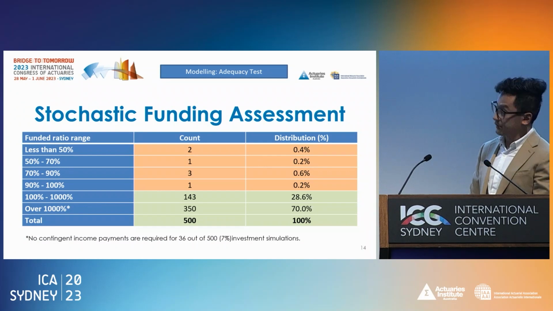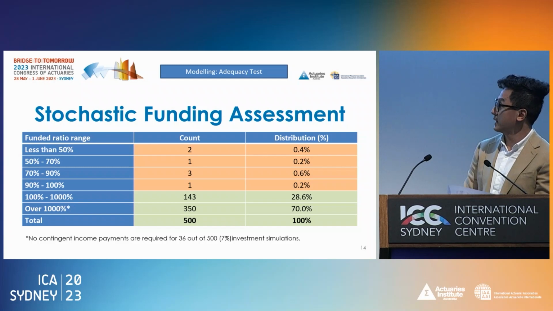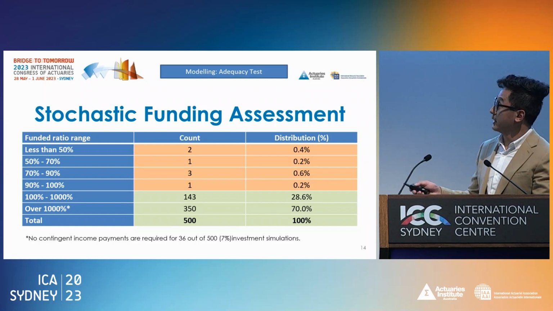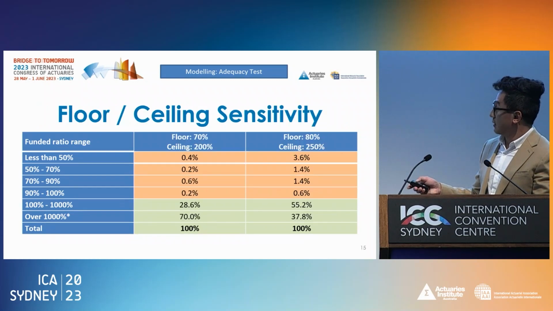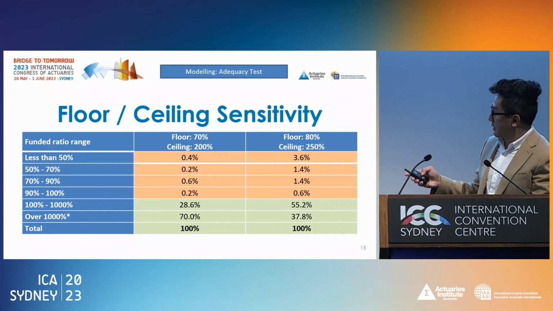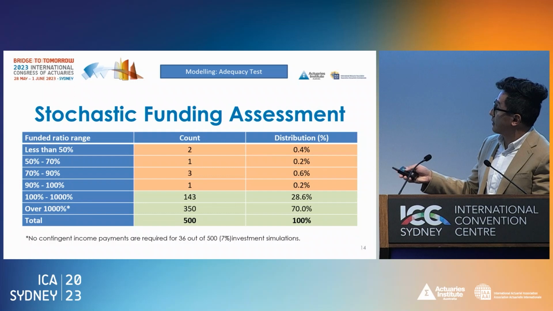This table illustrates the distribution of funded ratio over 500 investment scenarios. Only 7 out of 500 simulations resulted in a funded ratio less than 100%. Sorry, let's just go back.